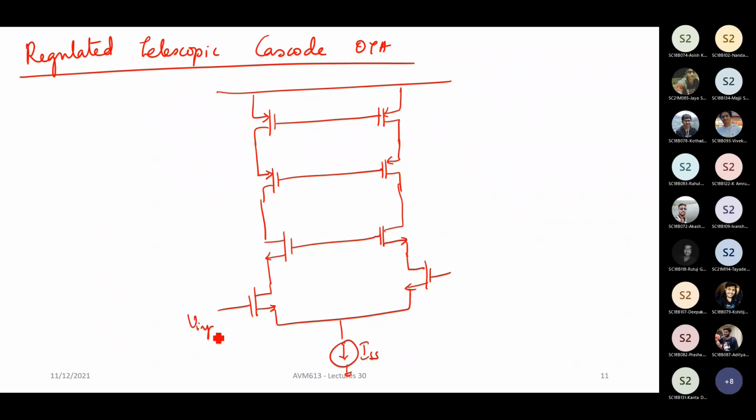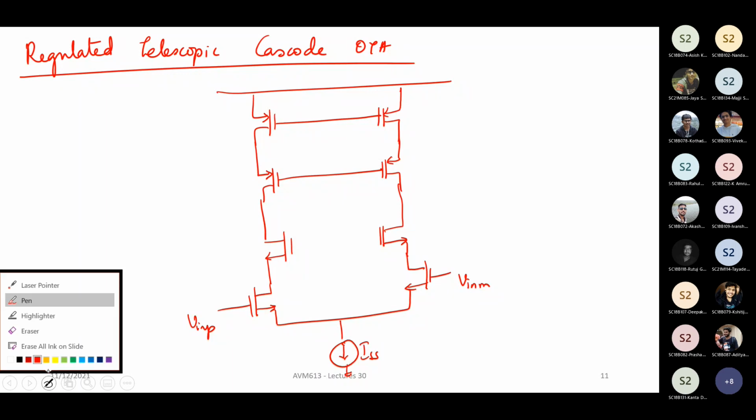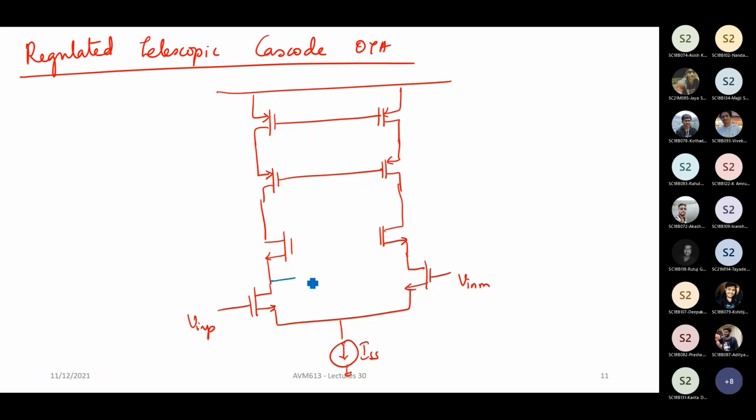All right, let's say this is your V in P, V in M, right? So now what is going to happen is that this is a differential system, so you can use a differential amplifier. You take these 2 points and you have a differential amplifier, let's call it A1, feeding the gate of these 2 transistors.